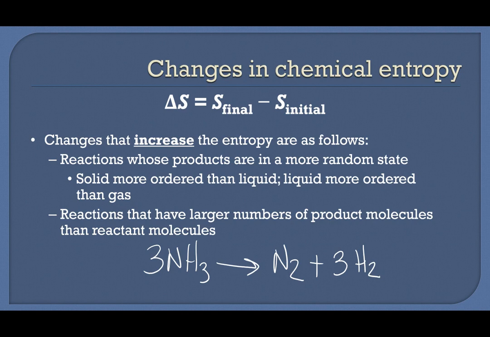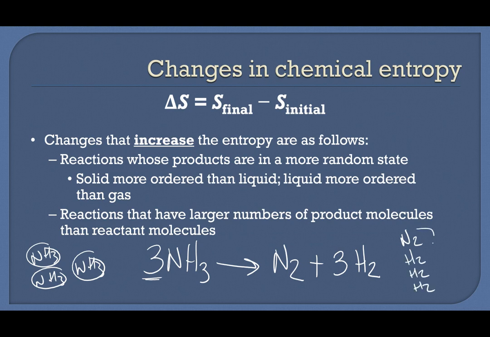What we're looking at here is just simply the number of particles, the number of compounds. In this first reactant side, we would have 3 of these NH3 molecules. When we go to the product side, we have 4 molecules present. We've got N2, and then we've got 3 molecules of H2. So here we've got a total of 4 molecules.